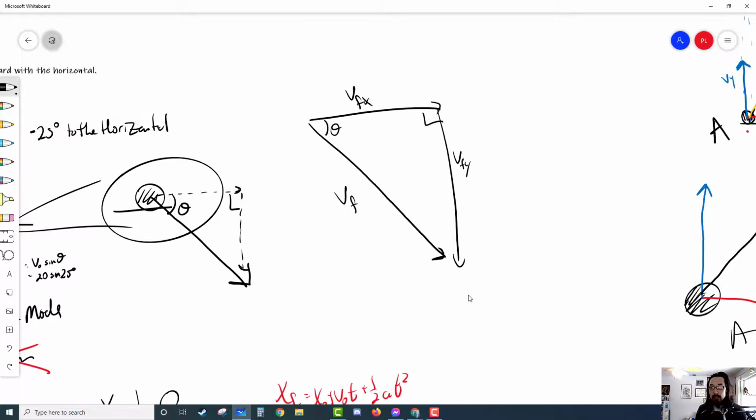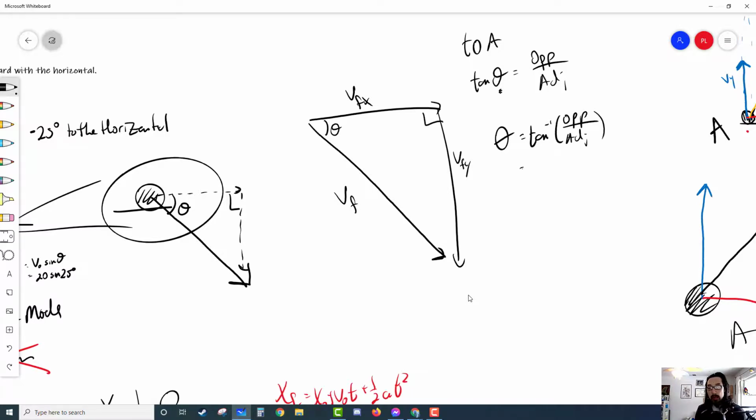Now, to find the angle, you've got to use the third trig identity that we usually don't use, the TOA. TOA states that the tangent of the angle is equal to the opposite over the adjacent side. Because we're looking for the angle, we can say that the angle is equal to the inverse tangent of the opposite side over the adjacent side.